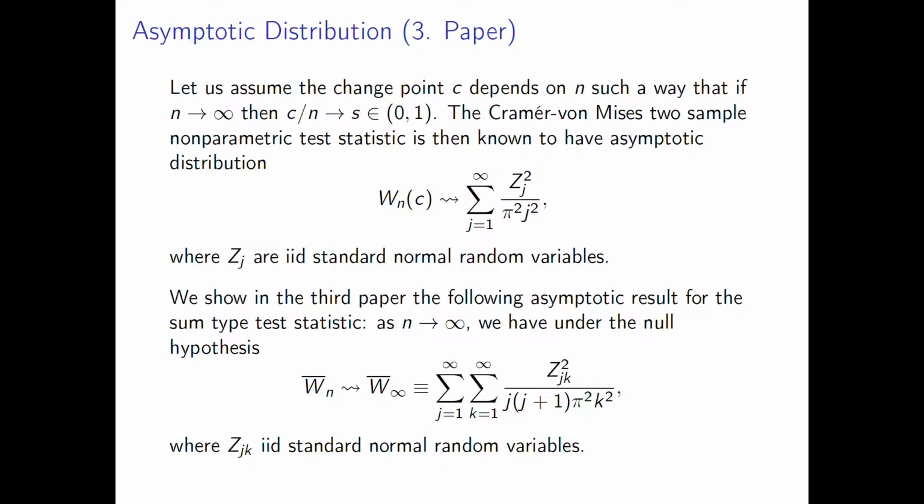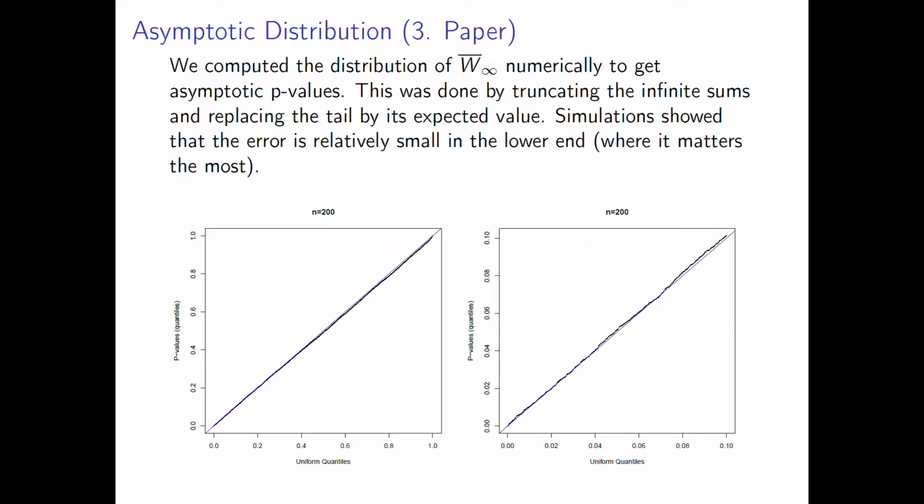So to actually numerically calculate this distribution, we have to do something about this infinite number of components. What we did was we truncated the infinite sum and we replaced the tail by its expected value. But whenever you do something like this, you have to evaluate how it affects the result.